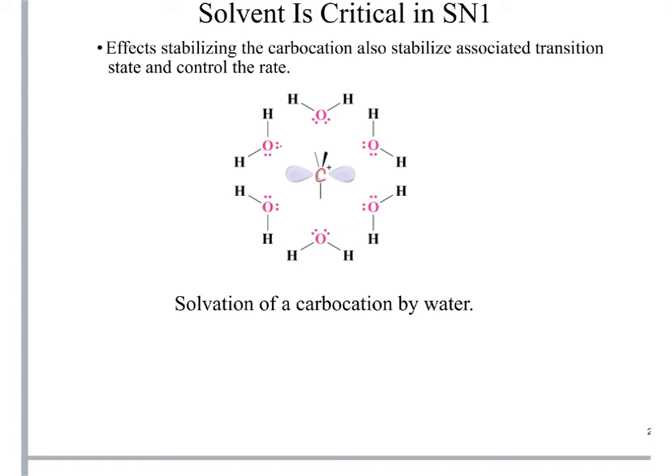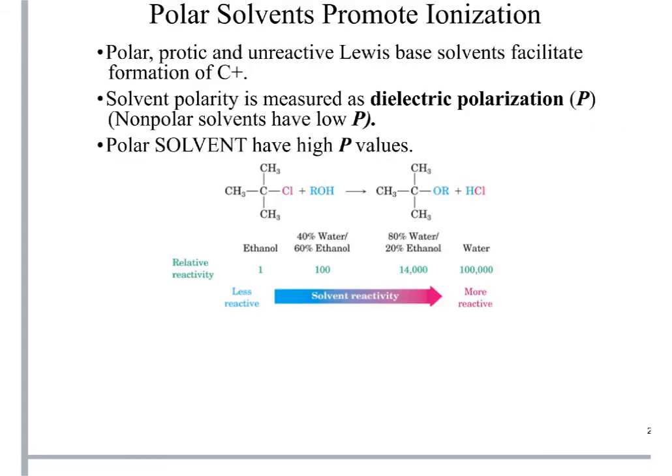Notice that the lone pair of electrons can stabilize the positive charge on the carbocation. Therefore, systems that include alcohol, such as ethanol or methanol, propanol, and so forth, plus small amount of water will best promote SN1 reaction.